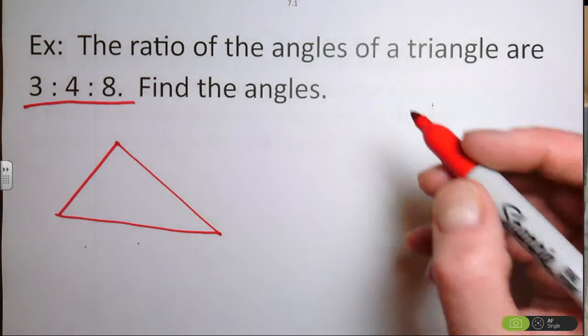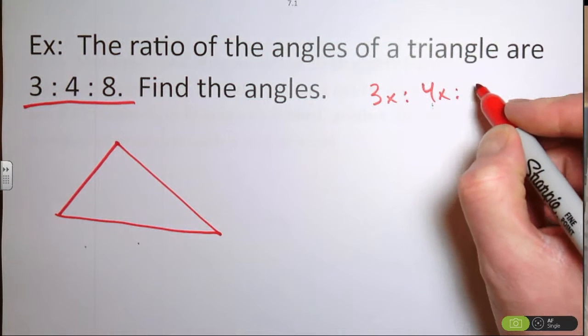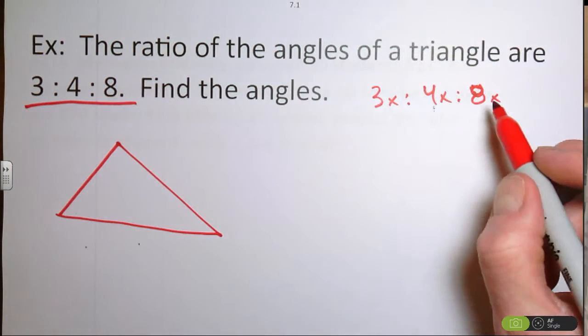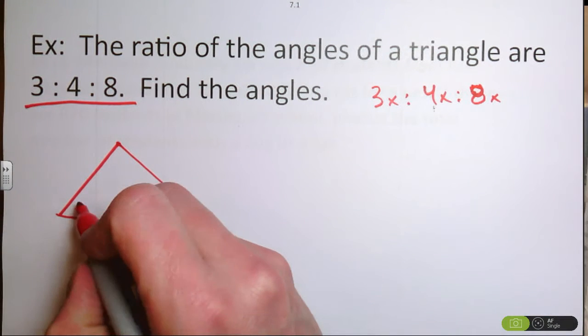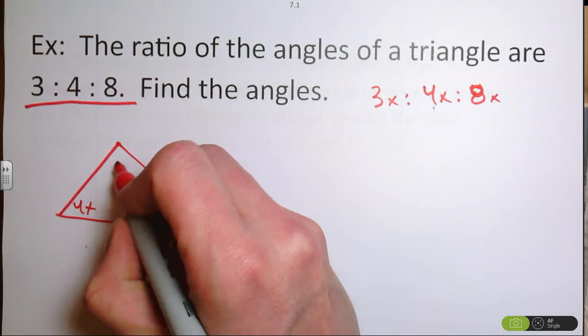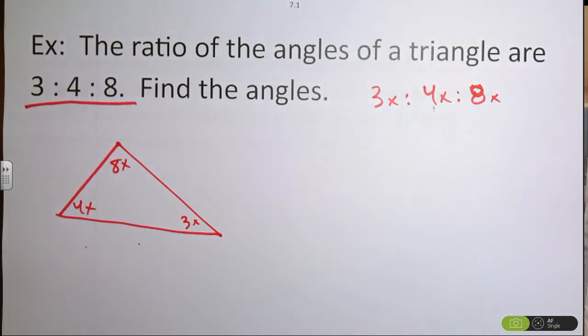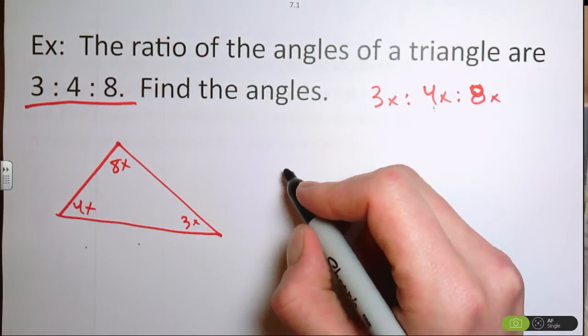So what that means is our ratio is really 3x to 4x to 8x, where again x is some unknown multiplier. So maybe this is the smallest angle at 3x, here's the next smallest angle at 4x, and here is 8x. That's kind of what we're saying for the triangle. So if that's the case, a triangle has 180 degrees in its angles.